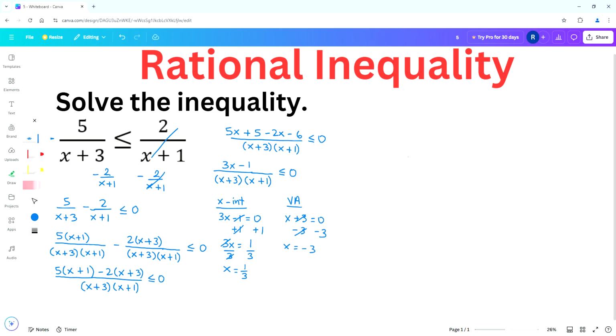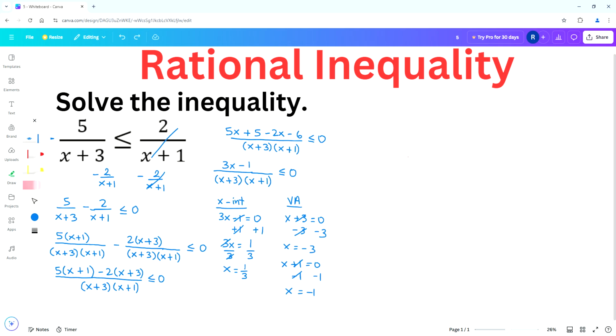The first vertical asymptote is x equals negative 3. The second vertical asymptote is x equals negative 1.